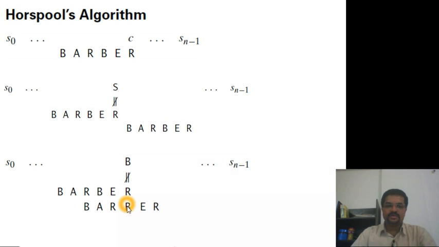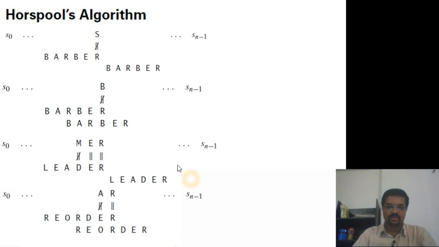All right, so now let's see two more cases. These are the first two cases we saw, and suppose some of the first few characters match properly, and then there is a mismatch here. Even then, let's not worry about which character mismatched here. Let's look at the last character itself and try to shift it.